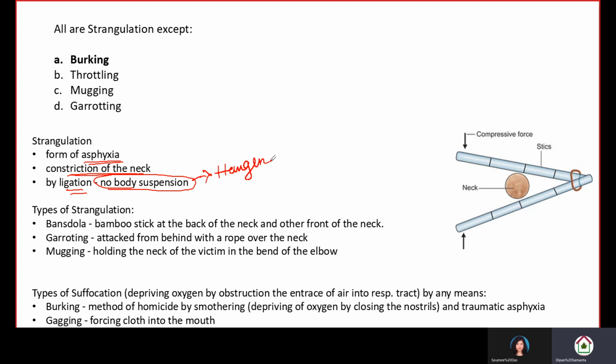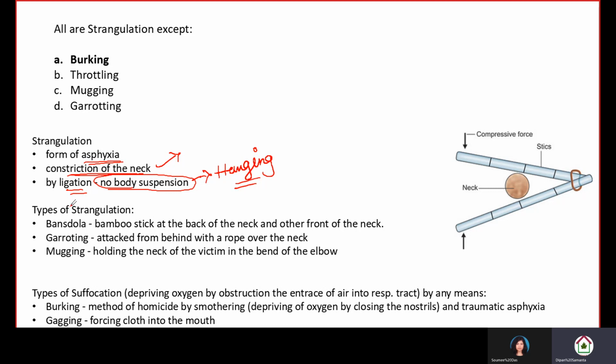But in strangulation, constriction of the neck is done by other objects, including hand, cloth, anything.